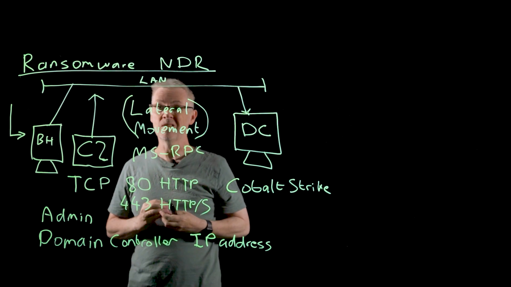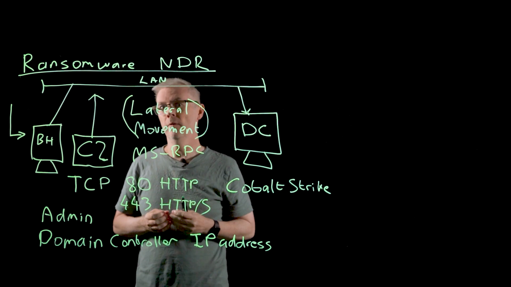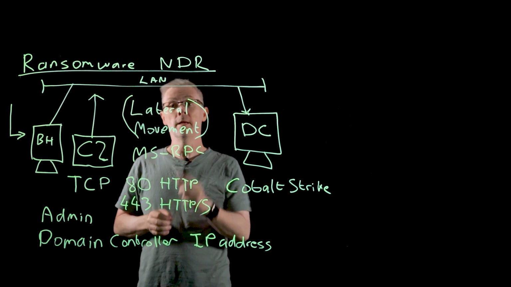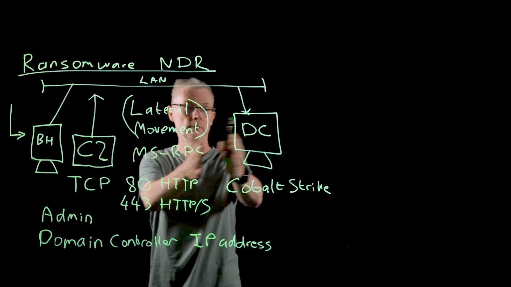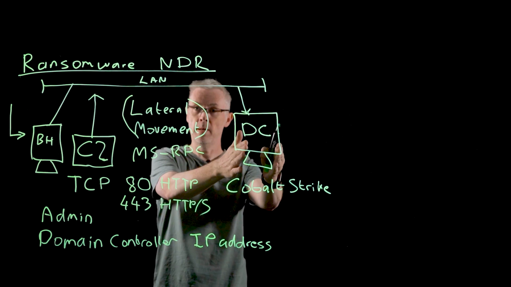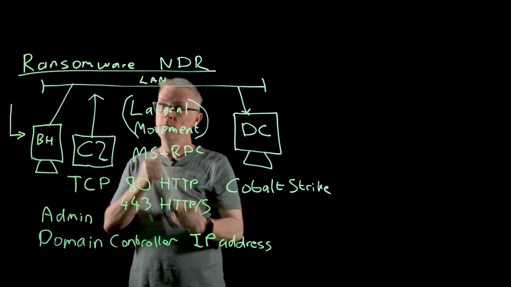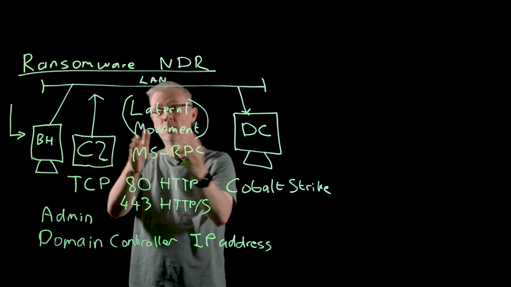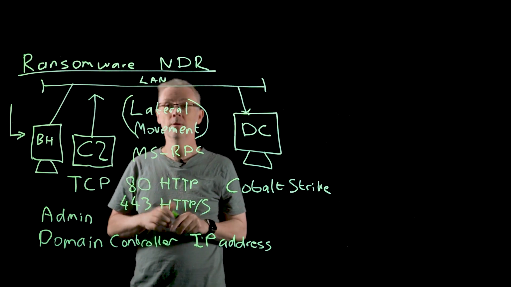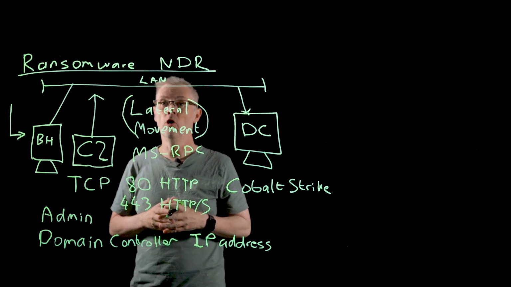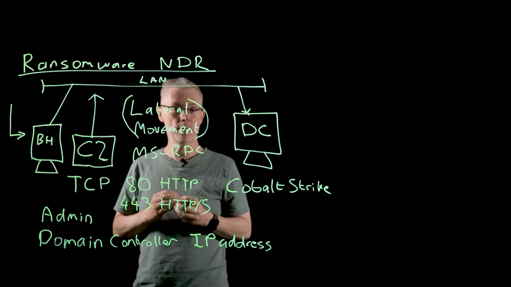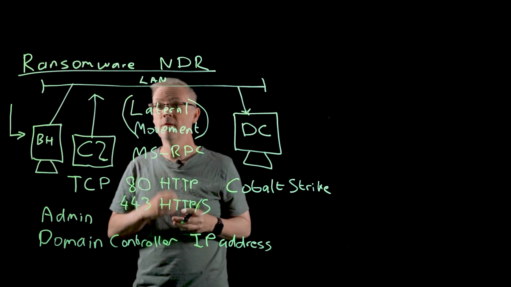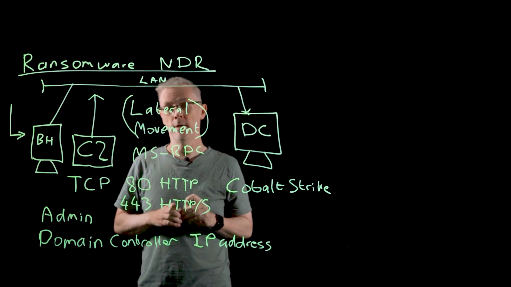Remember, we can't use reconnaissance anymore because they don't really do that on the network side of things. To the next part, which is the lateral movement from the beachhead to the domain controller. Lateral movement being the second opportunity to catch the threat actors. And both of these opportunities often happen very early on in an attack or a breach. Might even be within the first hour of a breach.